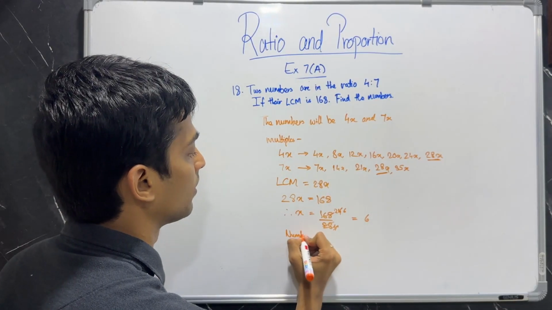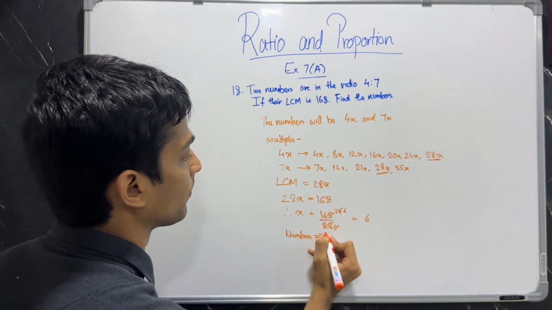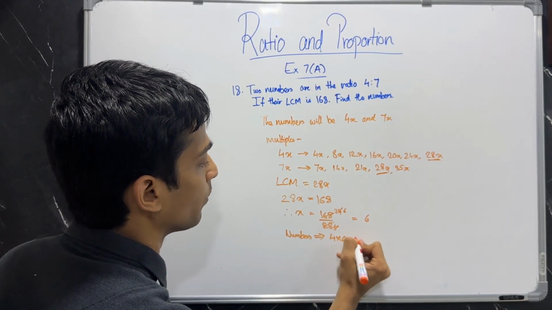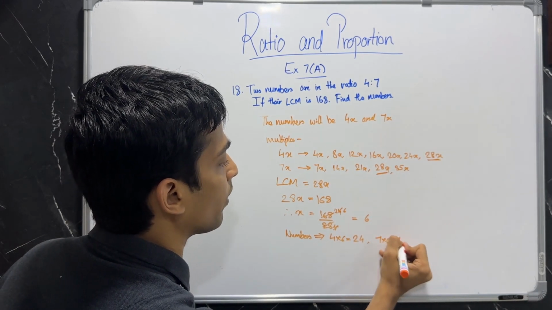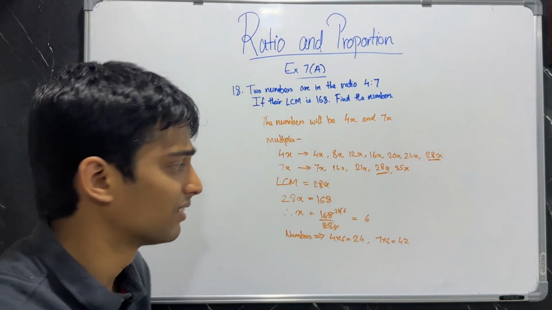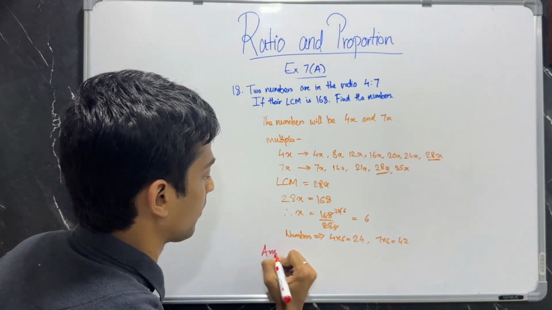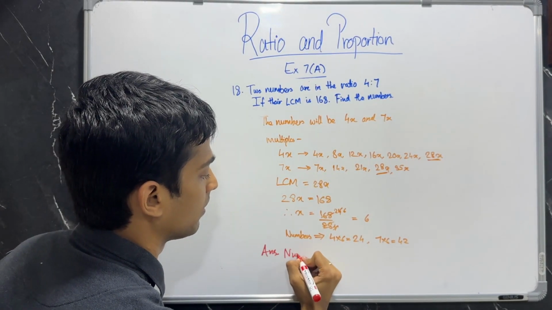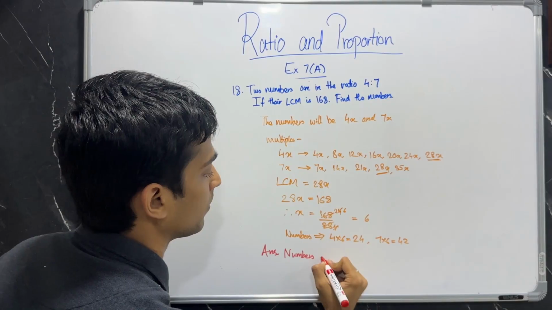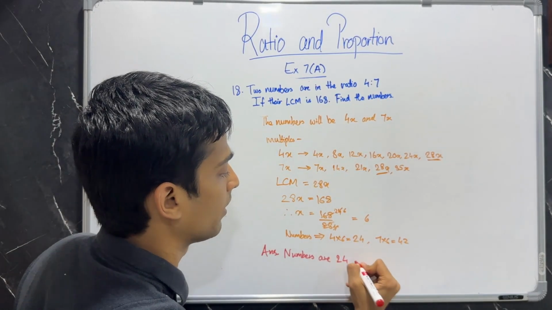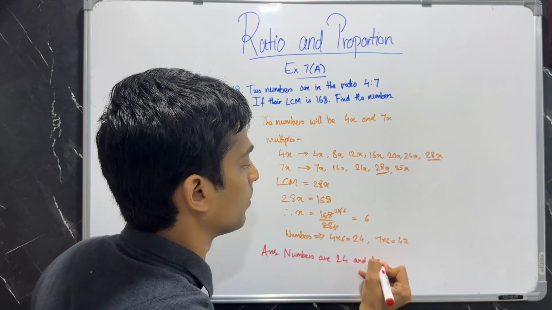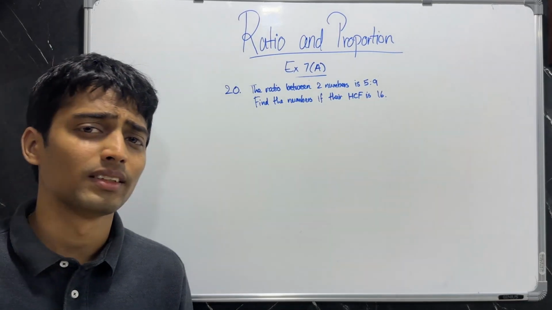Numbers will be 4 into 6 equal to 24 and 7 into 6 equal to 42. So the final answer is, numbers are 24 and 42.